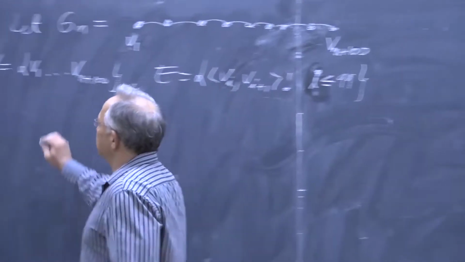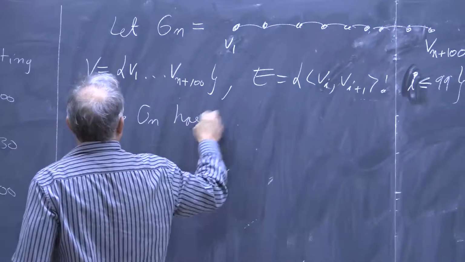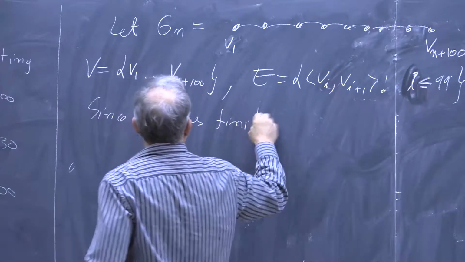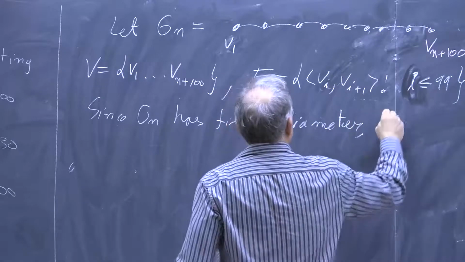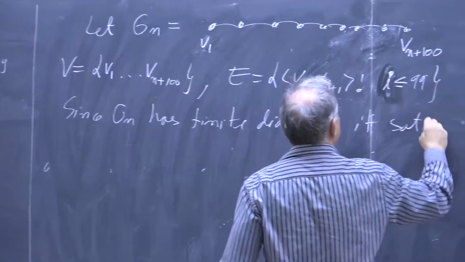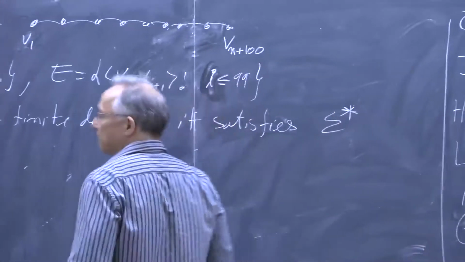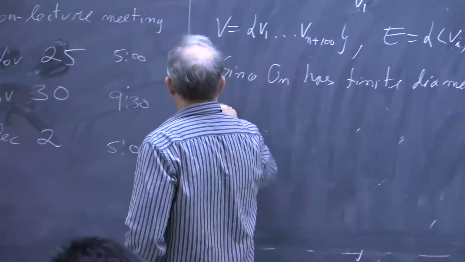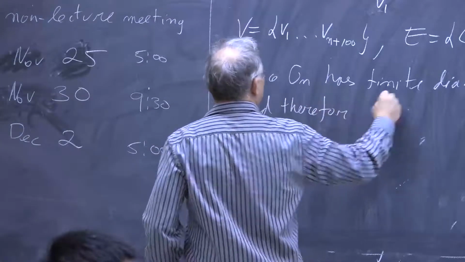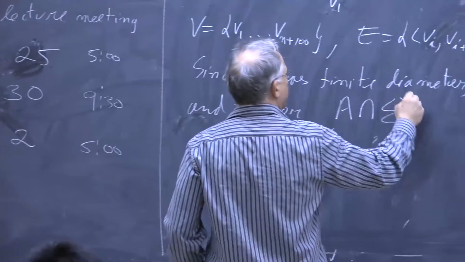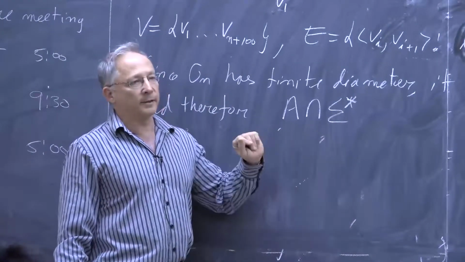So since Gn has finite diameter, it satisfies sigma star, and therefore A intersection sigma star. That is, it satisfies all the formulas in A that came from sigma star.